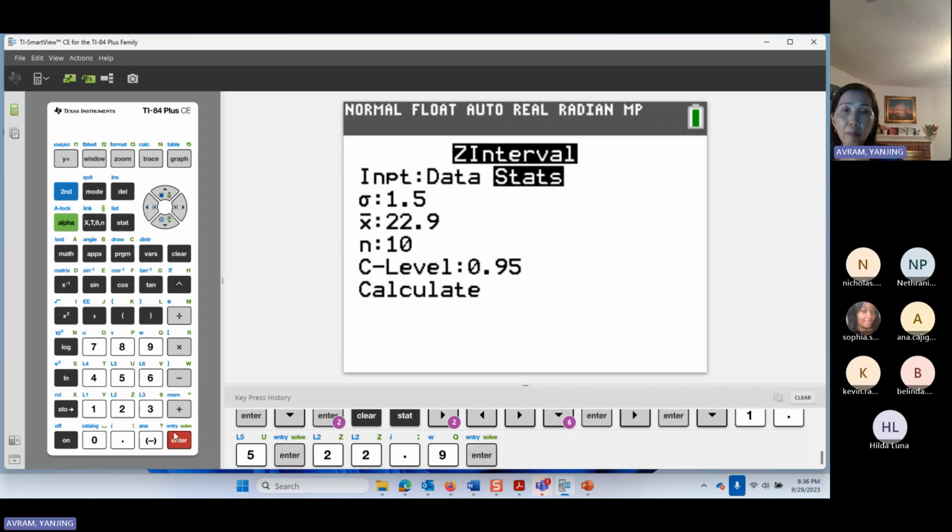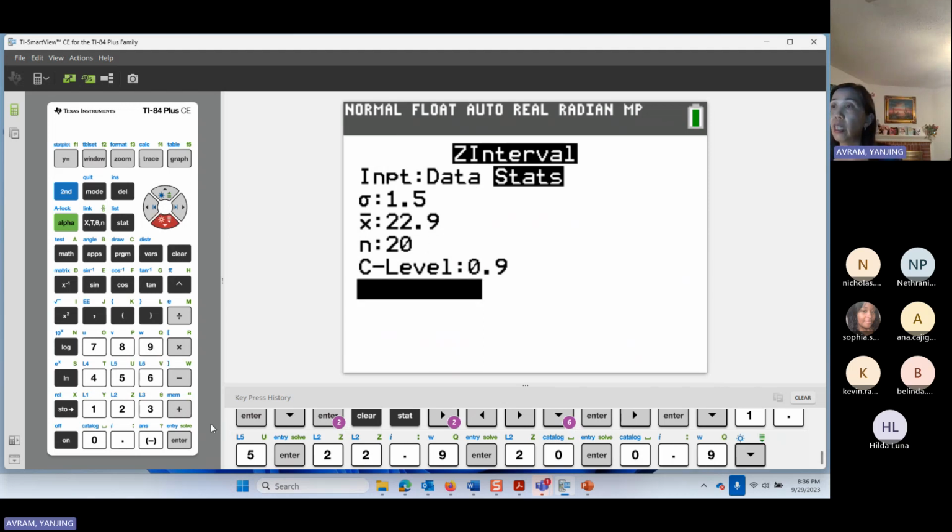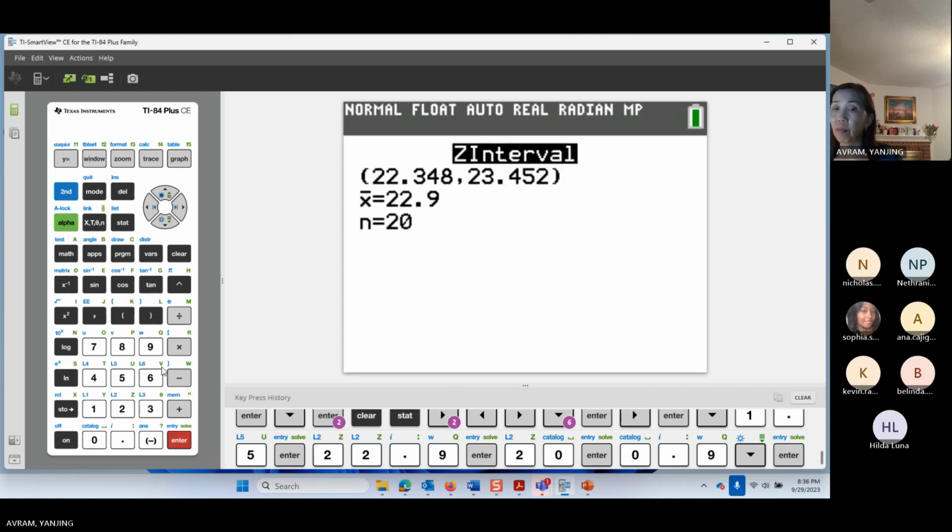My sample size was 20. And for my confidence level, we have 90%, so 90% is 0.9. All right, guess what? I just input all these things and say calculate.